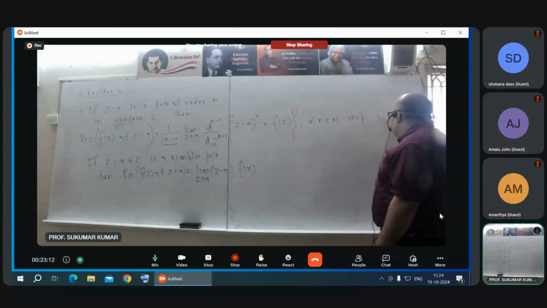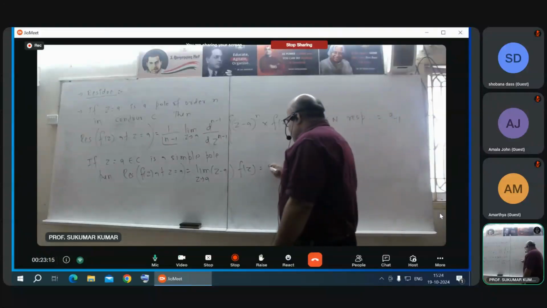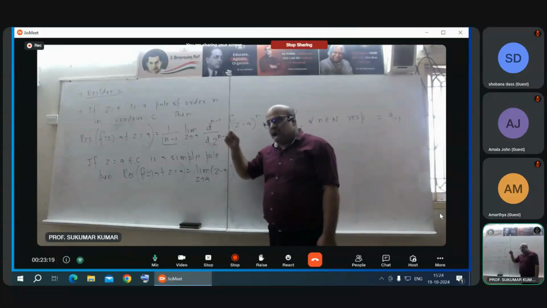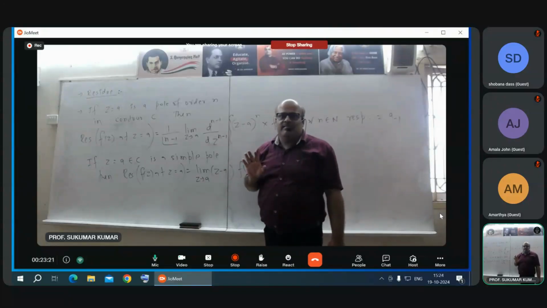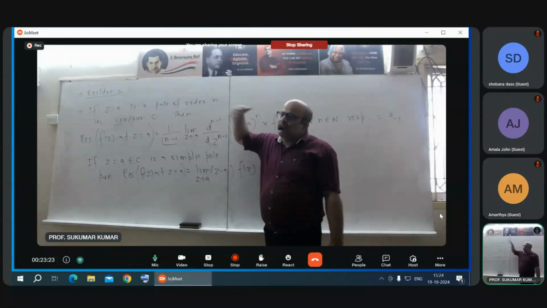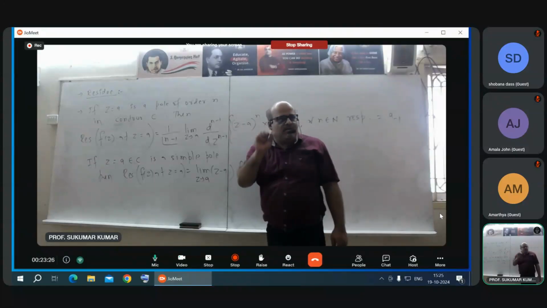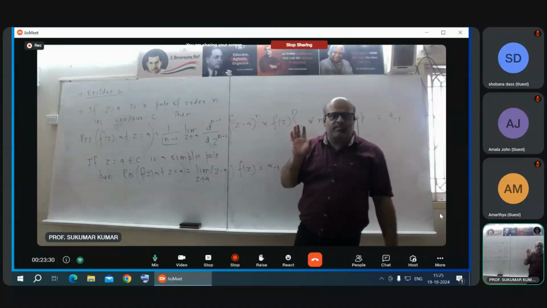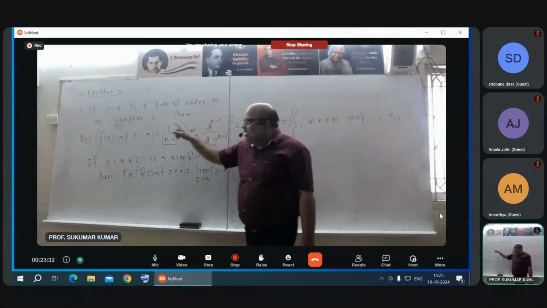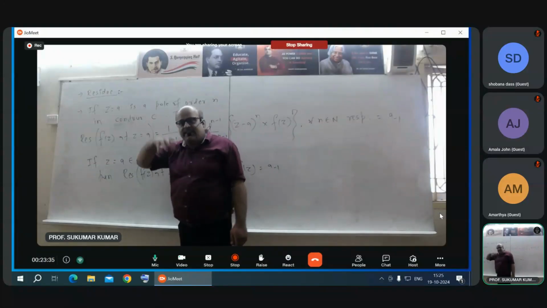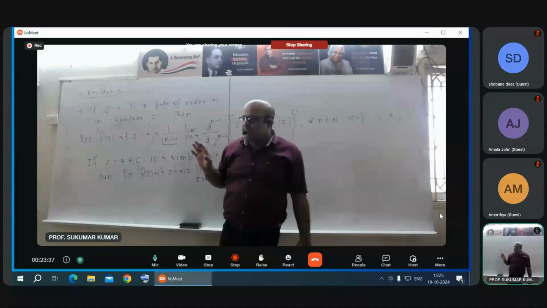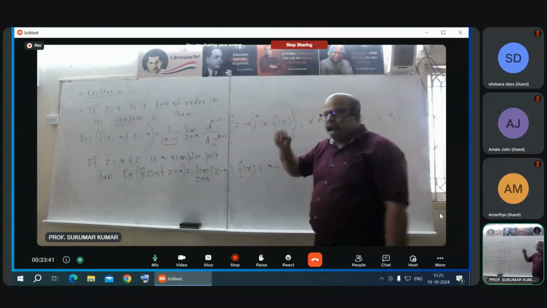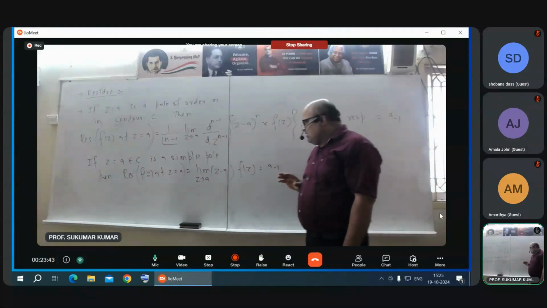This is also a minus 1 only. Whatever comes from this formula is the coefficient of 1 by z minus a. Don't think these are other formulas or other concepts. No, residue means the coefficient of 1 by z minus a, where a is an isolated singular point within contour C. It always has to be inside contour C. So by formula or by binomial expression, only that coefficient value will come, a minus 1.